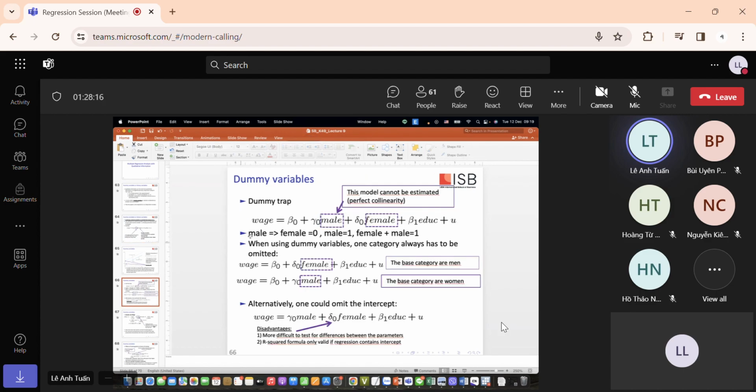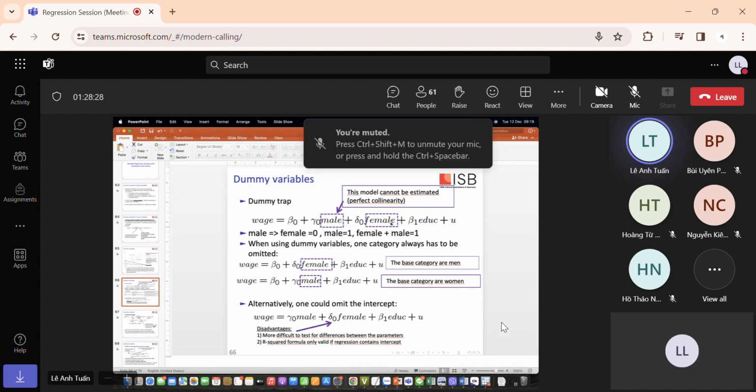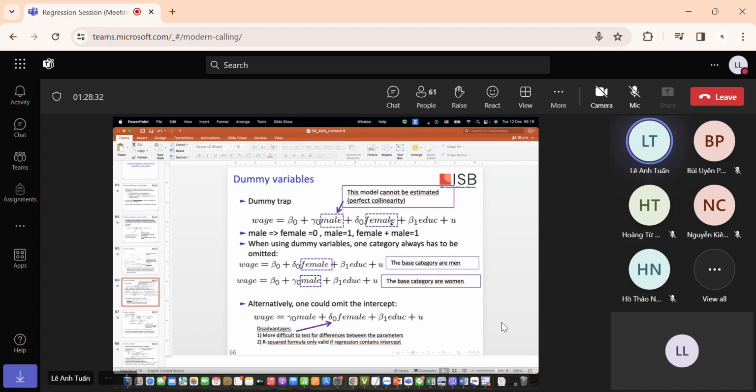You cannot include both male and female in one model, because male plus female equals one. A person is either male or female, not both at the same time. If you include both in the same model, you have perfect collinearity and you cannot estimate the model.